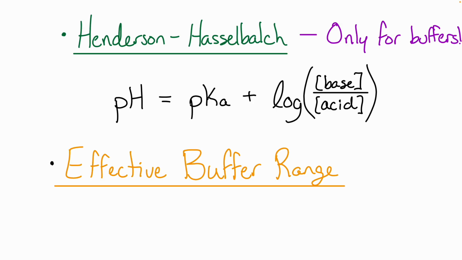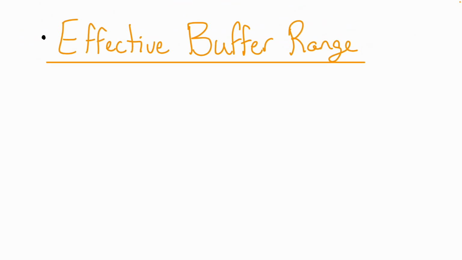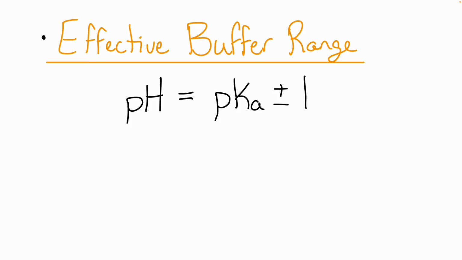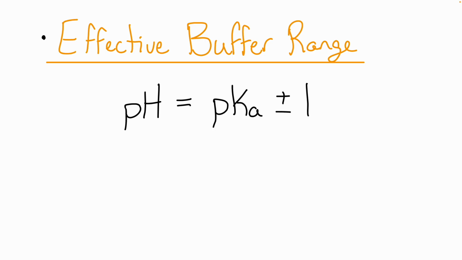The pH of your solution has to be within 1 unit of the pKa of that buffer system in order for that buffer to be effective, aka effectively resist changes to pH. And in fact, a buffer works best when the pH is at its pKa value. All right, but you got to be within that range for your buffer to effectively resist changes in pH.